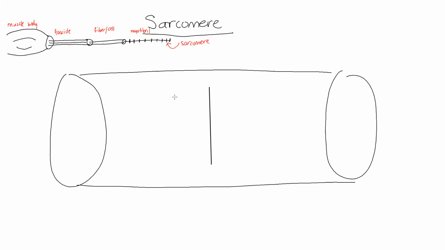And then we've got the extension of these thick filaments. Let's put this in a different color. So we've got the myosin filaments. So these are these extensions of myosin, essentially.